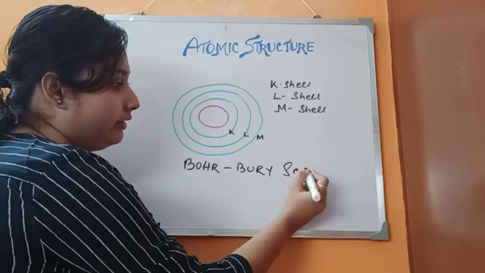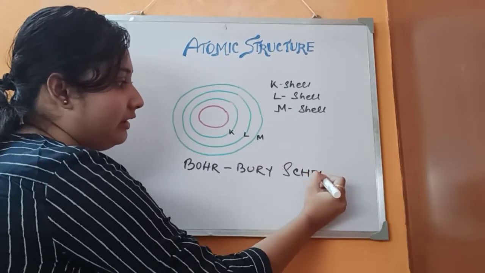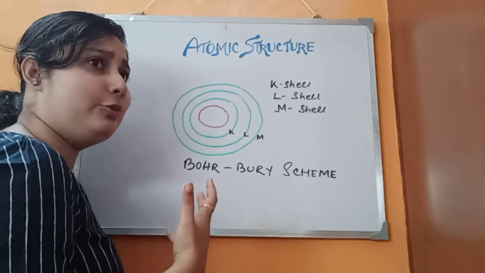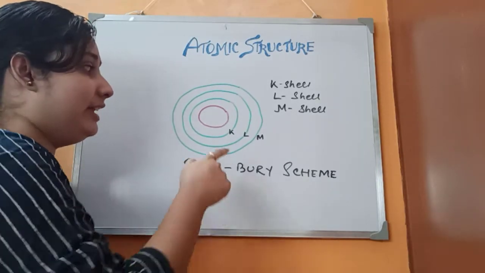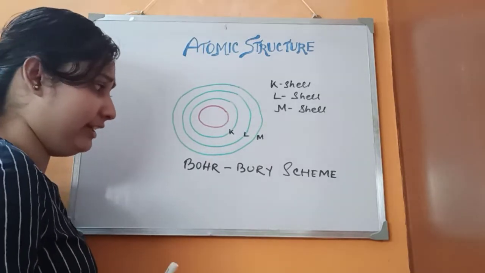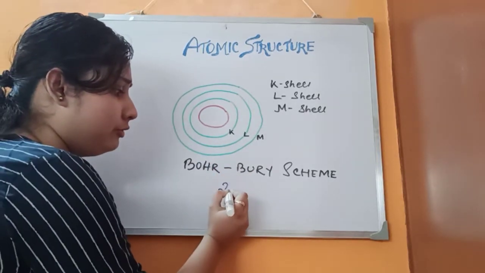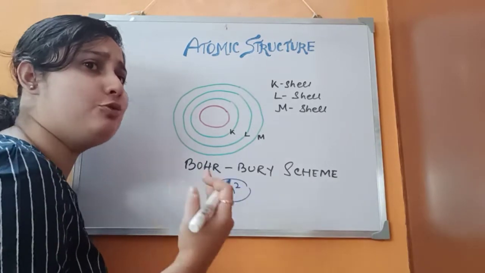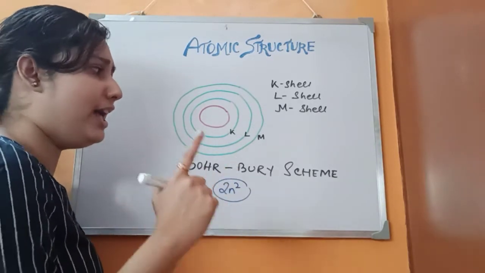Bohr-Bury scheme. Now, what is the Bohr-Bury scheme? It says that the number of electrons in each shell is equal to 2n square. Now what do you mean by 2n square? I'll come to that.